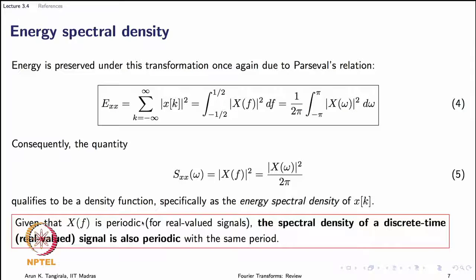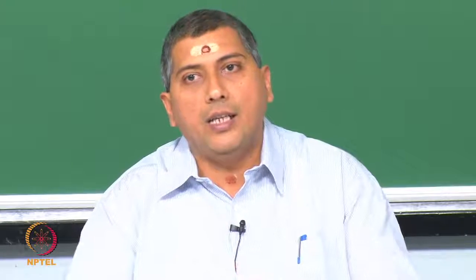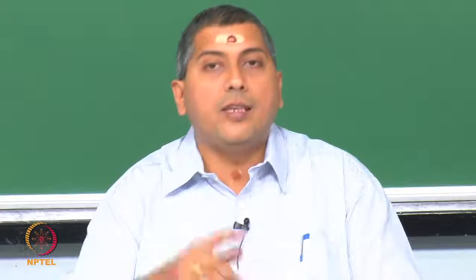Now, given that X of f is periodic, as we have noticed earlier for real valued signals, the spectral density is also periodic. Remember, we are going to evaluate the spectral density only in the fundamental frequency range. It does not mean the spectral density does not exist outside this interval, it is just that it is periodic.